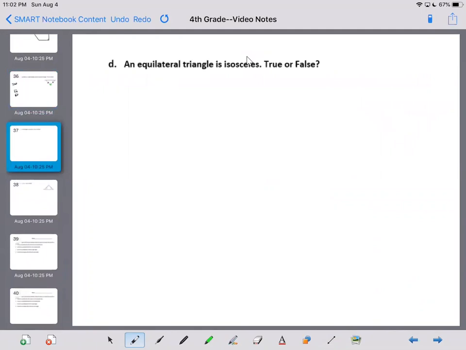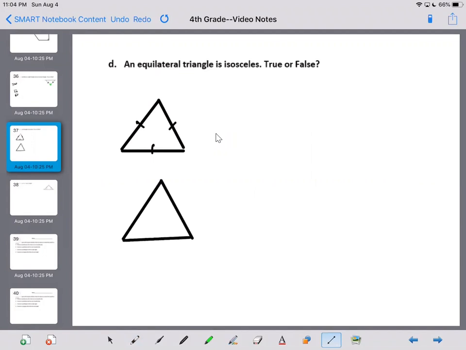Part D says an equilateral triangle is isosceles. True or false? So with this one here, you just need to be careful with the wording, because when you're talking about an equilateral triangle, we're saying that all the sides are the same length. But when you're talking about an isosceles, you're looking at 2 of the sides are the same length.